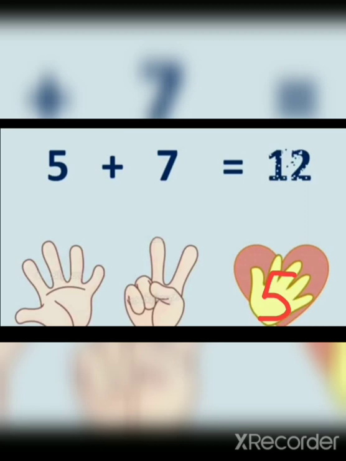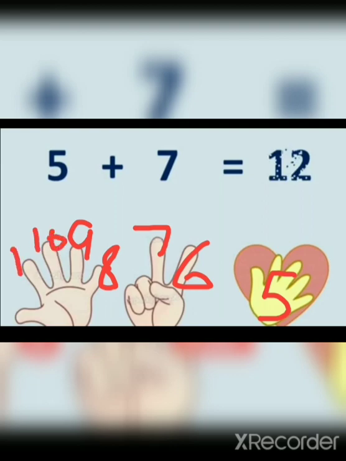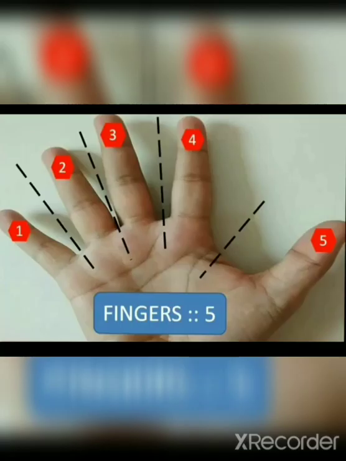We can start to count. After 5, 6, 7, 8, 9, 10, 11 and 12. So 5 plus 7 is equal to 12.